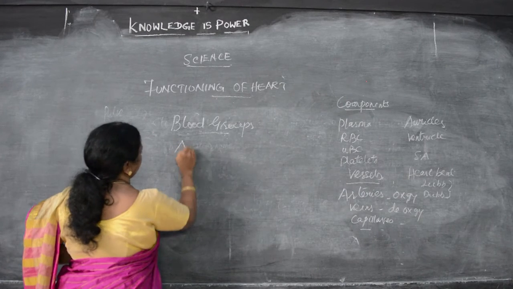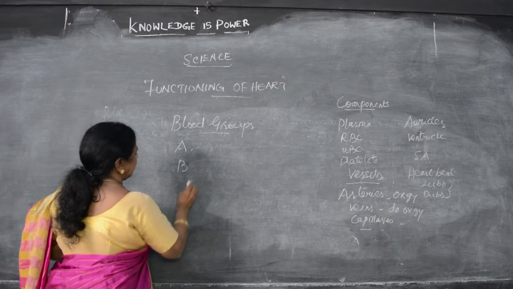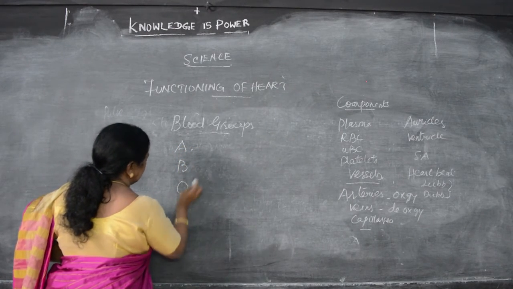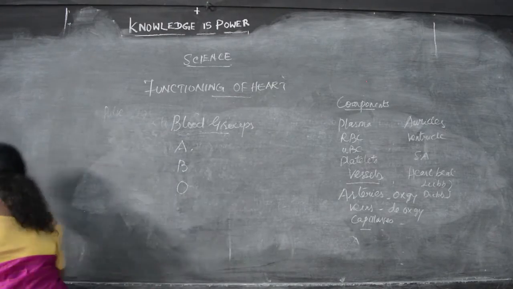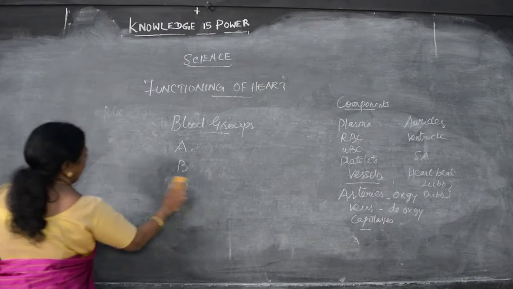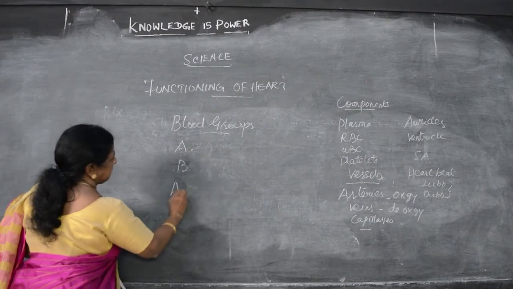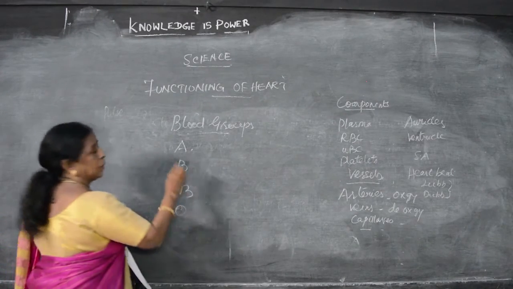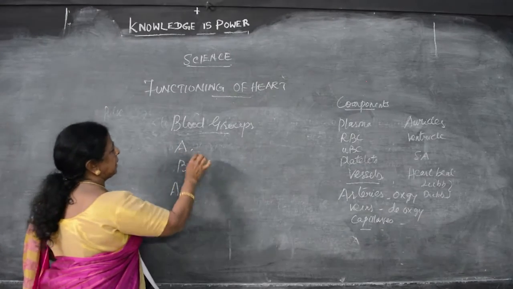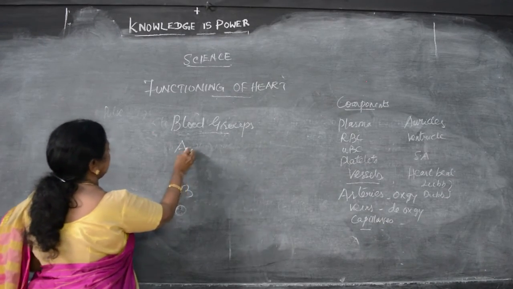A, B, AB, then O. So how can we classify the groups of blood? By seeing the antibody and antigen.